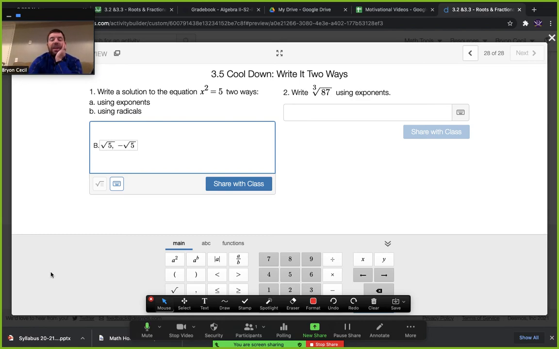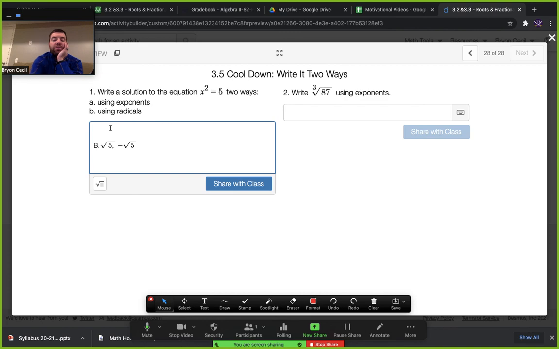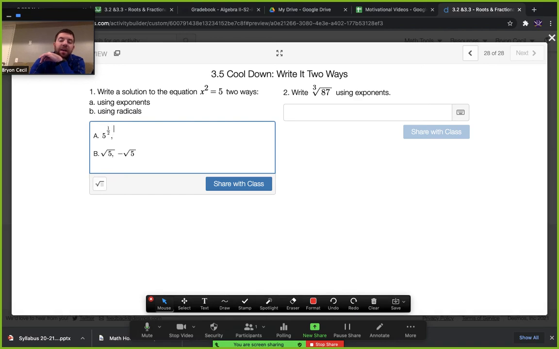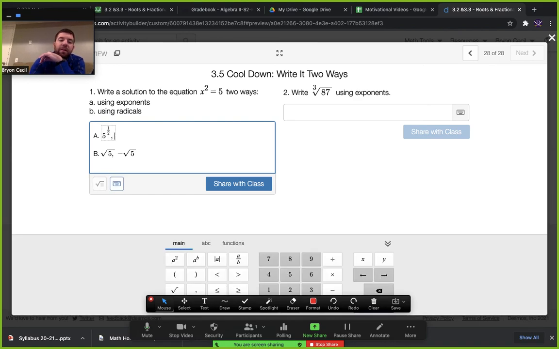So that's it as a radical. Now, to write that as exponents, we know that the same as a radical is something raised to the 1/2. So it's going to be a positive 5 raised to the 1/2, and a negative 5 raised to the 1/2.